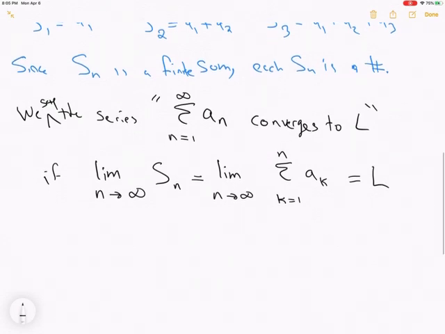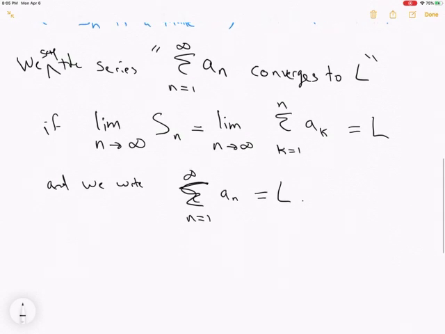Okay, and we denote this, and we write the summation, n goes from 1 to infinity, of a sub n is equal to L. So we can formally just write this summation, a number plus a number plus a number on forever, but what does it mean if we can actually add them up? So converge means we can add them up.